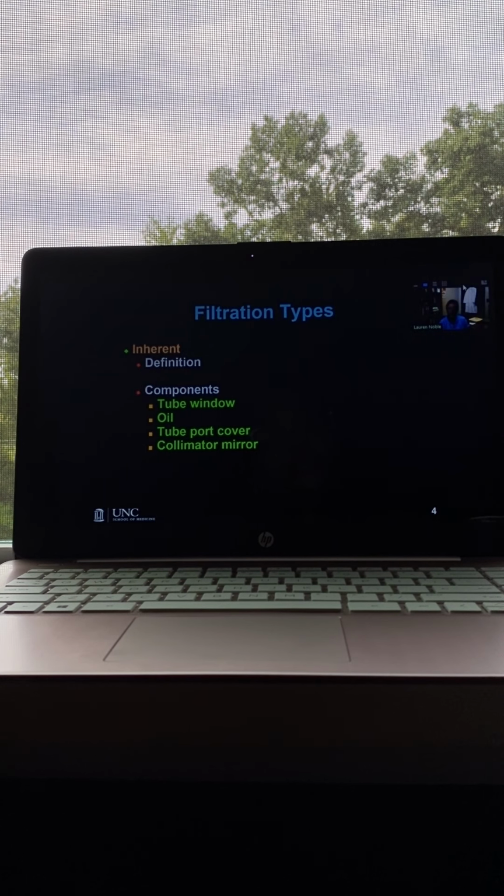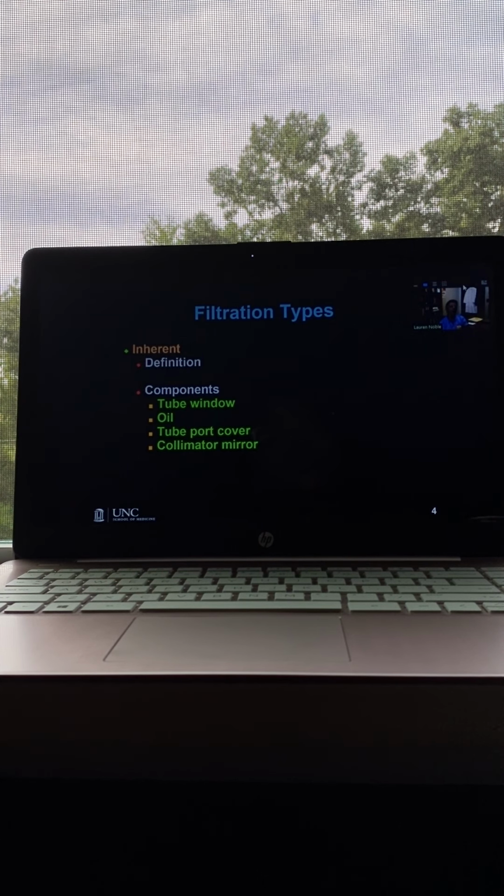So that oil helps to get rid of it. And also, because of the high voltage that is flowing through that tube, it does help protect from electrical shock. So that's the purpose of the oil. But since the oil is there and the X-rays have to travel through it, that oil is going to absorb a certain number of X-ray photons.